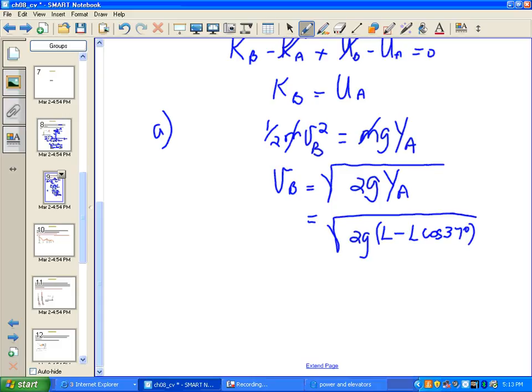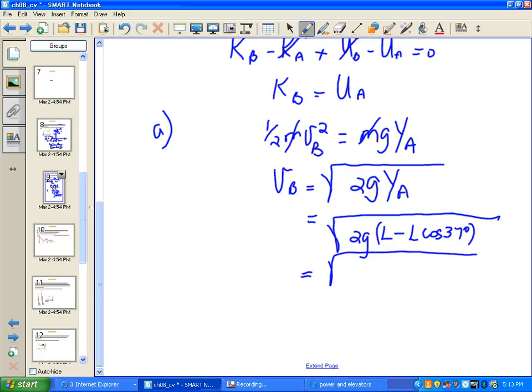In other words, the vertical position of the ball initially is only with respect to the zero reference position, the position where the potential energy is 0.